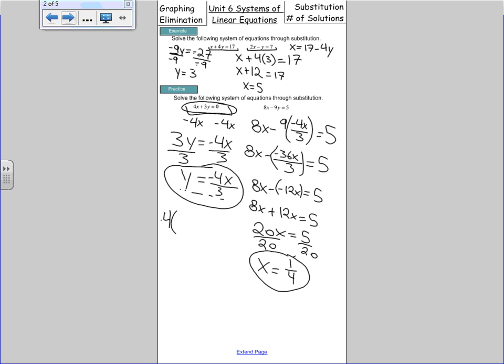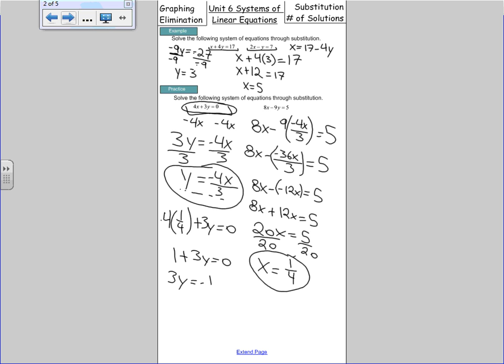So we're solving for y now. Oh, I see that. 4 times 1/4 is just 1 plus 3y equal to 0. We move our 1 over, so now it's 3y is equal to negative 1. Because we have to subtract 1 from both sides.